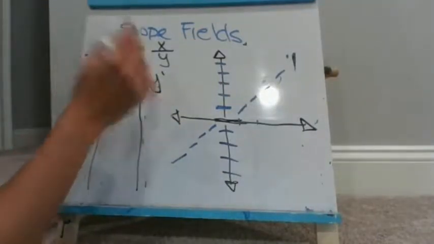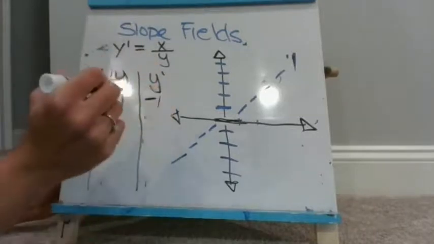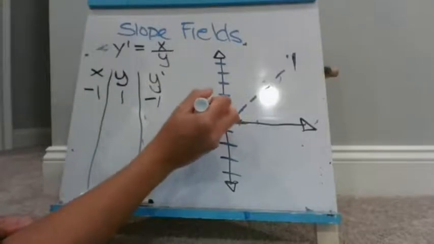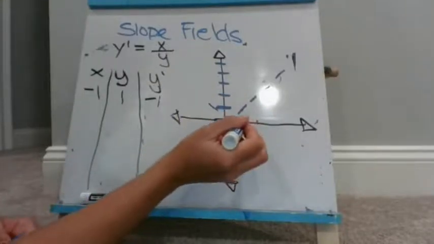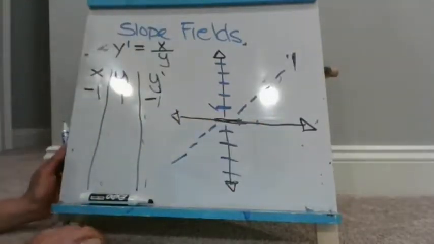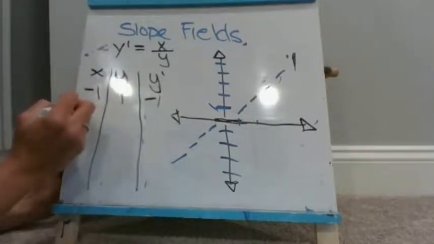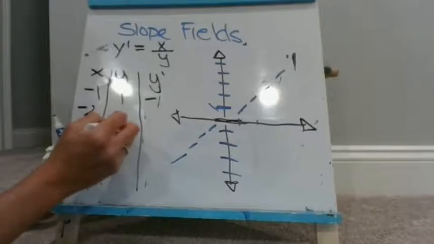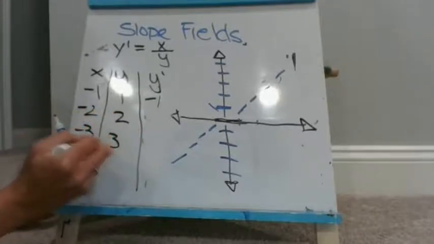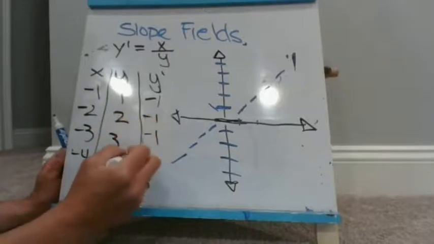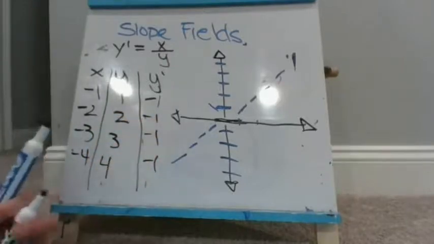That would be -1 over +1, which is a -1 slope. Now I'm going to look for all the other places that would get me a -1 slope. How about -2 over 2, -3 over 3, -4 over 4. All of those would get me a -1 slope. So I could start coming up with a pattern here.